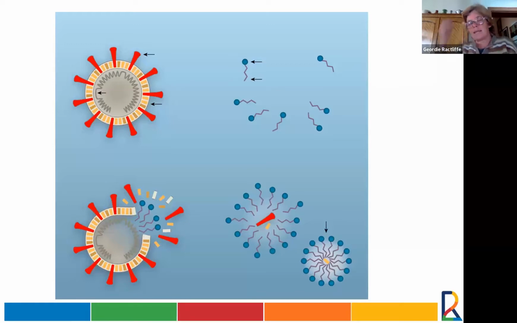So this is why the simple but magical ingredient soap is so effective as a strategy for cleaning ourselves. Obviously, you have to do that when you've got the virus on your hand, before you stick something into your mouth and whatever.